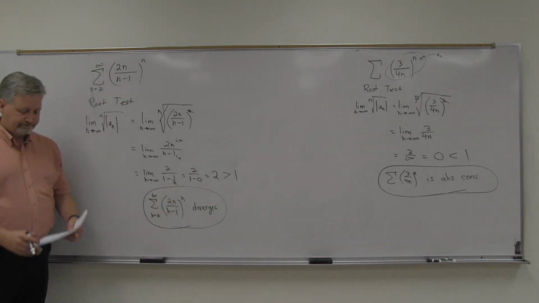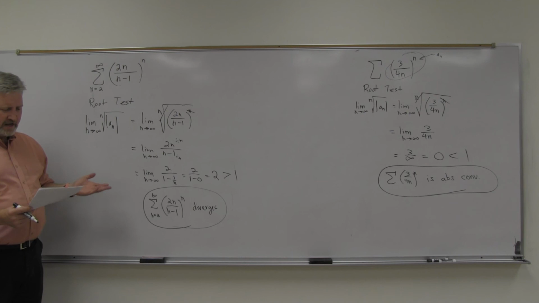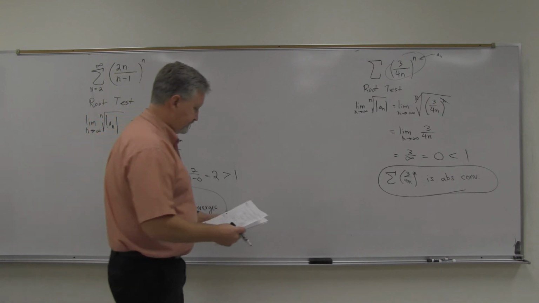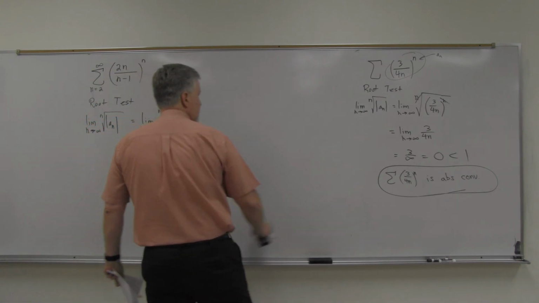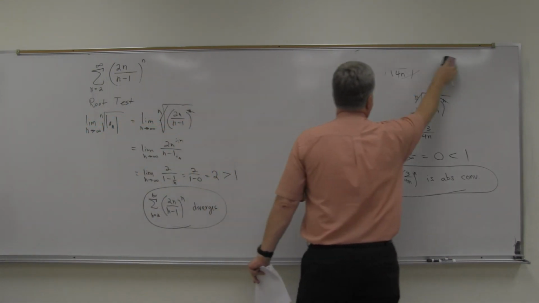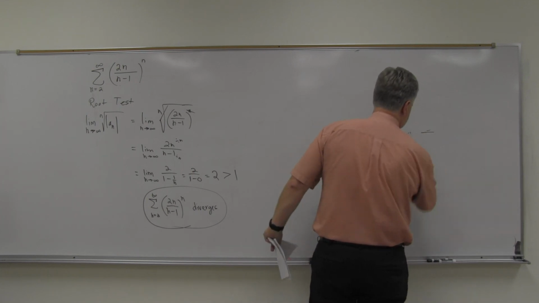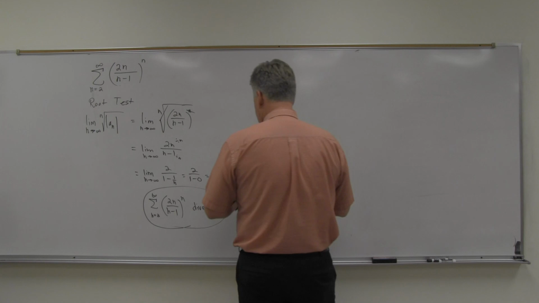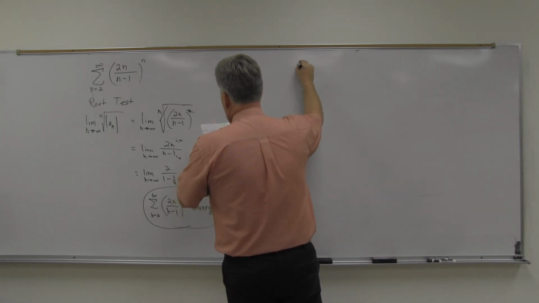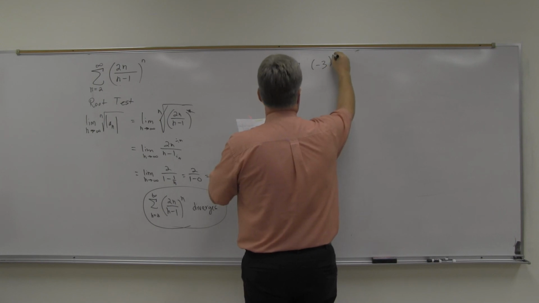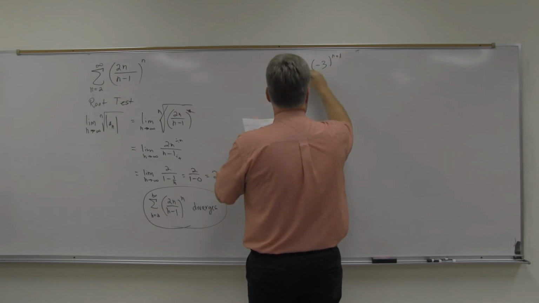Okay? All right. Now this one has a slight little wrinkle to it, so let me show you this one. Root test. This one is (-3) to the n plus 1 over n to the n.